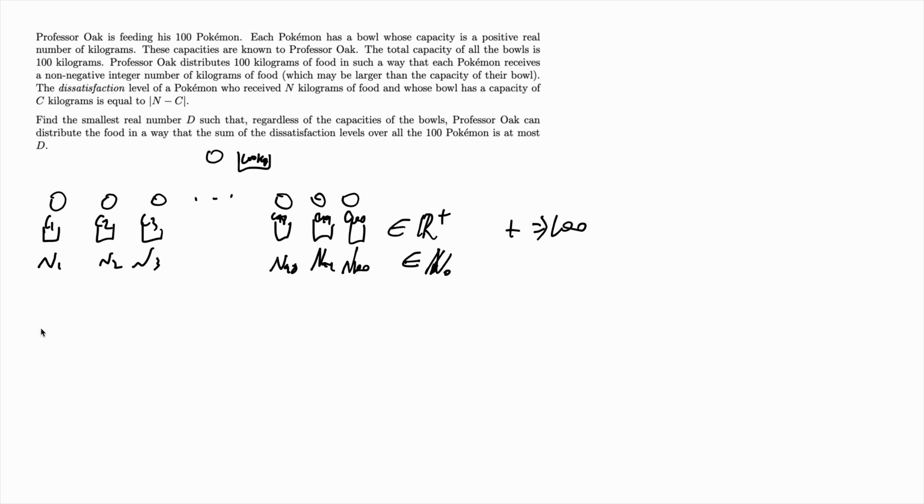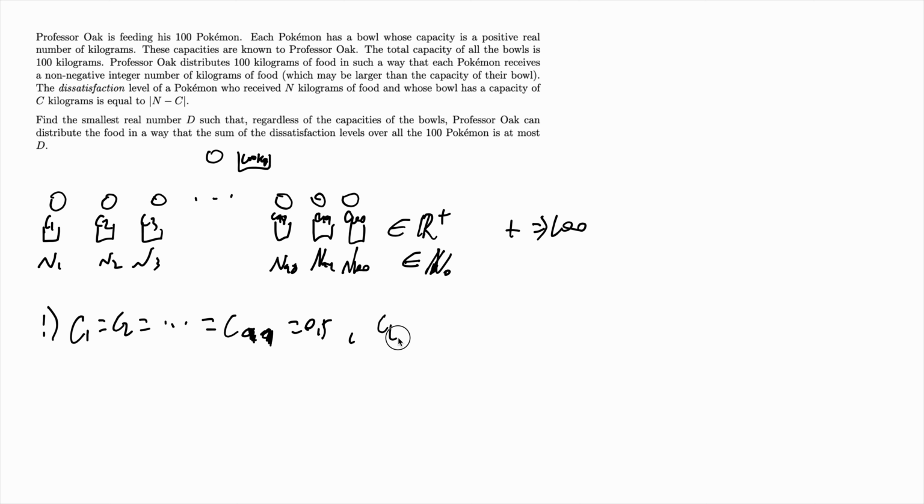Then this is our first scenario where C sub 1 equals C sub 2 equals dot dot dot equals C sub 99. Because we need to find the maximum of the minimum value, we need to find our lower bound of D. So they're all equal to 0.5.